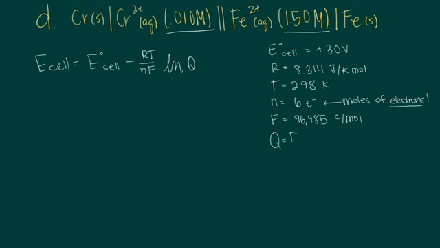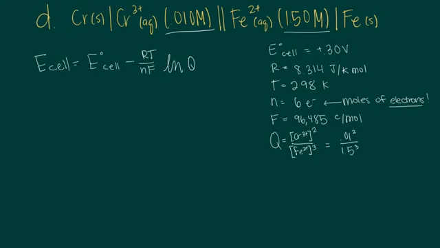So our product was Cr3+, and our reactant was Fe2+, but we can't forget the coefficients. So chromium had a coefficient of 2, and iron had one of 3. And since we know those concentrations, we can plug them in as 0.01 squared over 1.5 cubed.